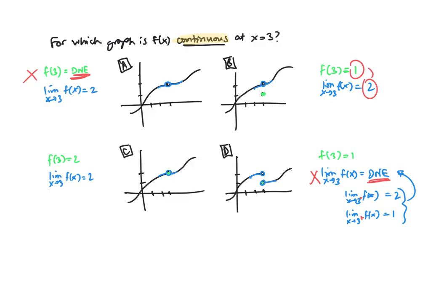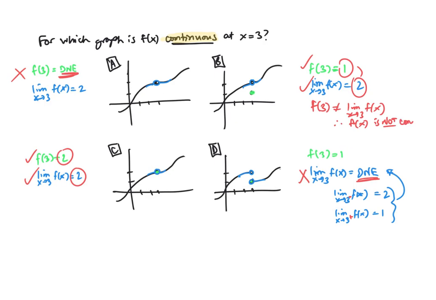Those do need to be the same. So even though both conditions are met, we have a case in B of f of 3 is not equal to the limit as x approaches 3. Therefore, f of x is not continuous.